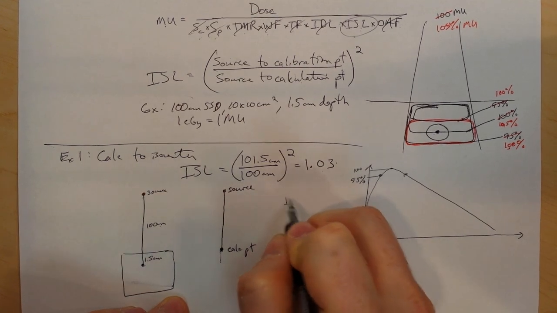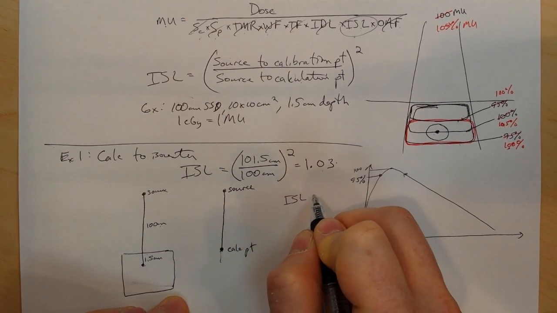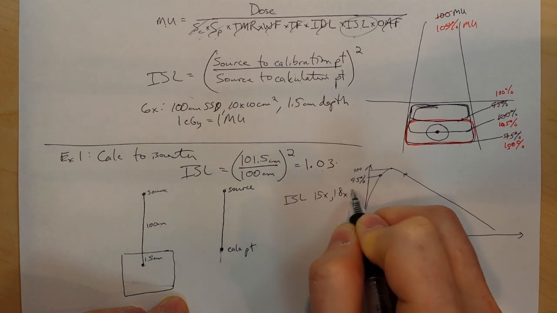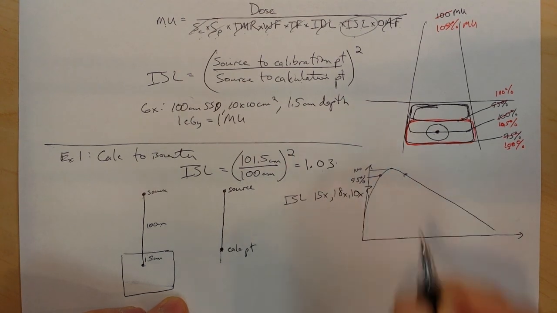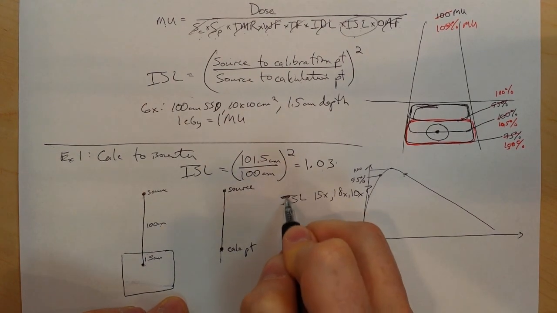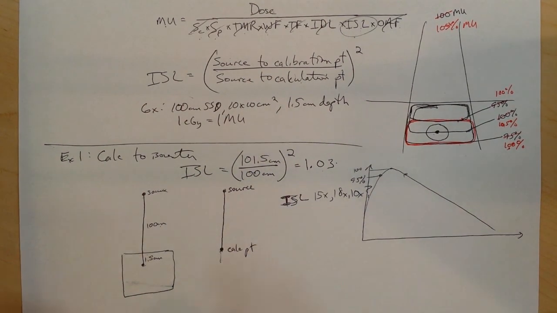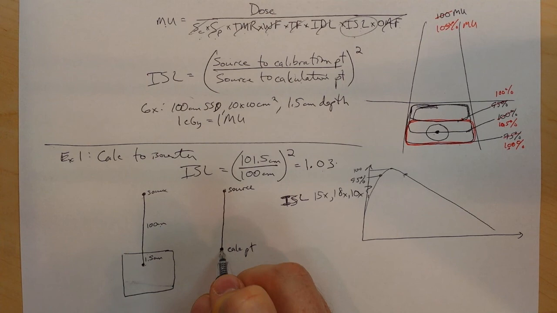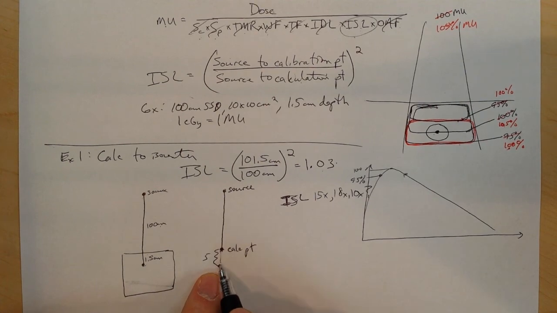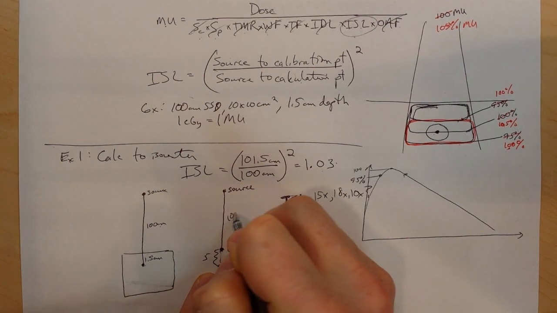What is the inverse square law for 15x, 18x, and 10x? I encourage you at your facilities to look this up and go ahead and calculate that. Another example would be that if our calc point isn't at the isocenter, but it's somewhere else, let's say it's 5 centimeters away from our 100 centimeter SAD.